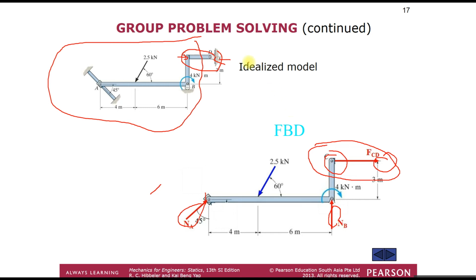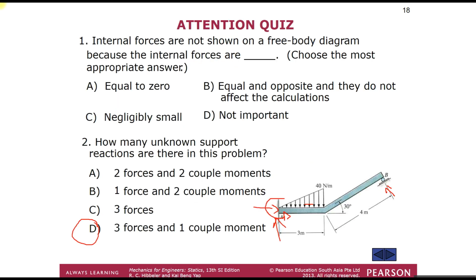We don't even draw the rest of the reactive forces at the y-axis. We do not draw it, because we know that at this point there is a reaction force acting on it, and at the same time at this other point of contact there is another reactive force. So we know that it's a two force member.